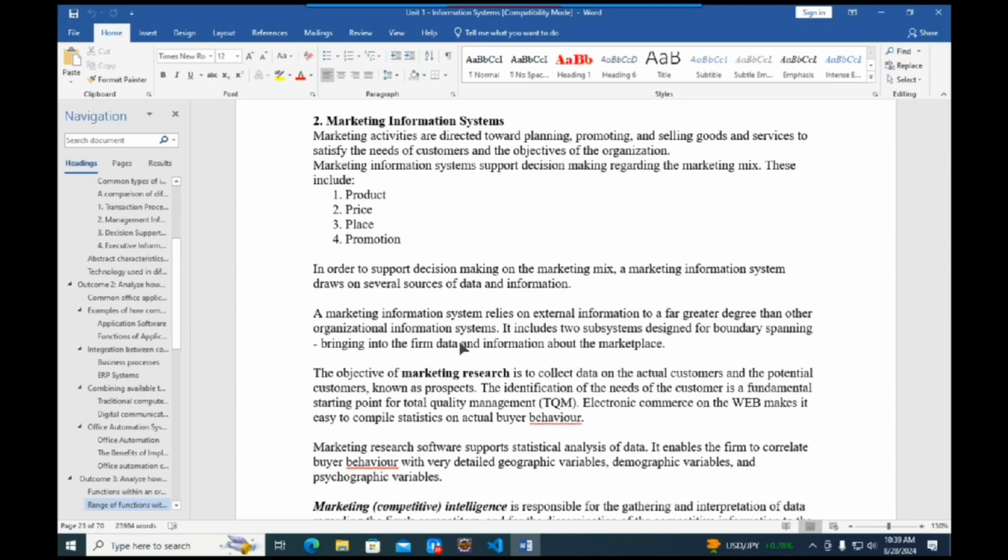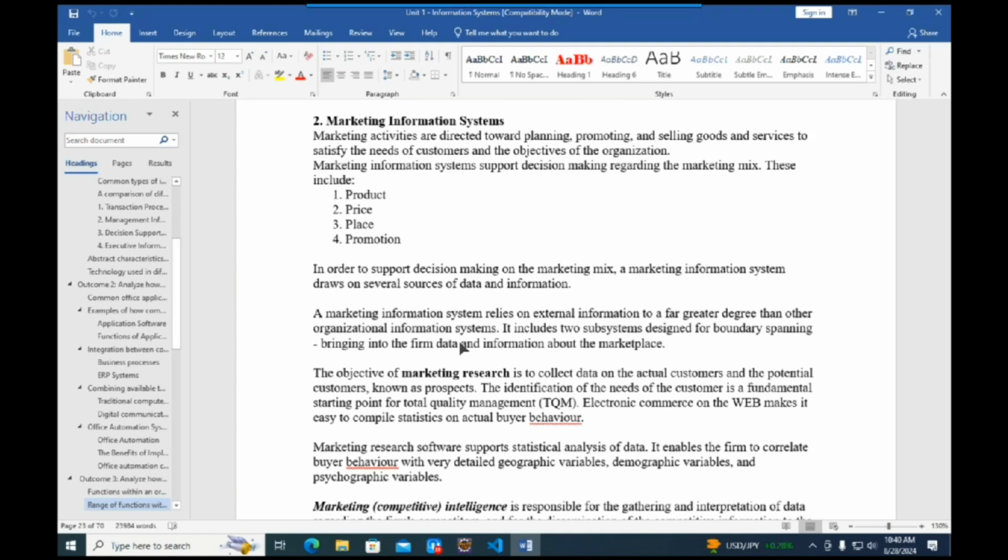Marketing activities are normally directed into planning. We create plans, and then we make sure we are promoting our products and selling our products and services to make sure that they are meeting the needs of customers and the objectives of the organization.